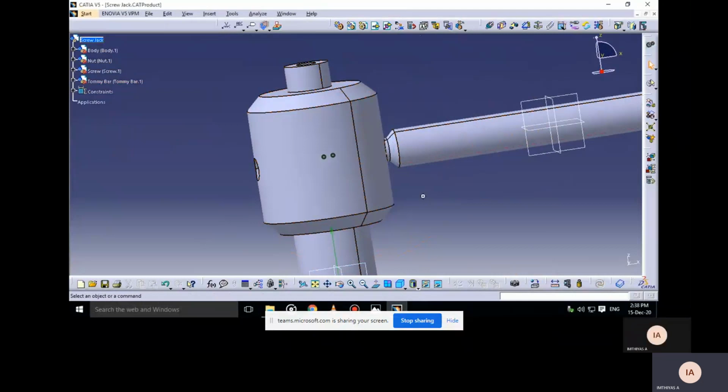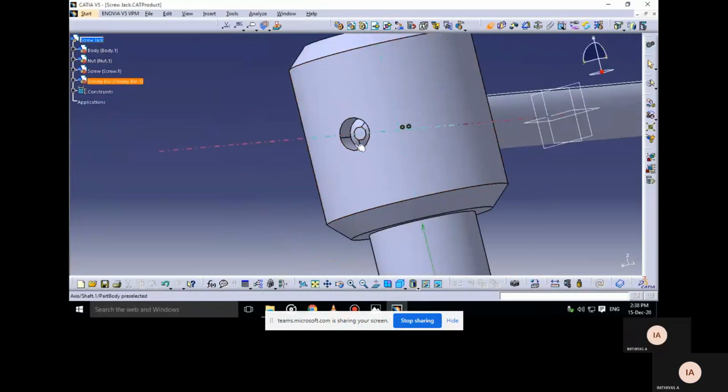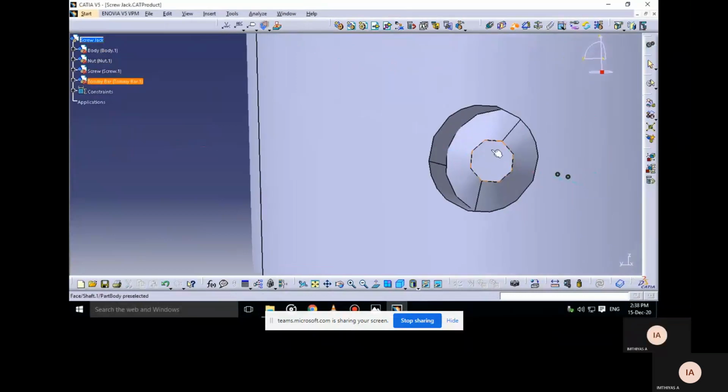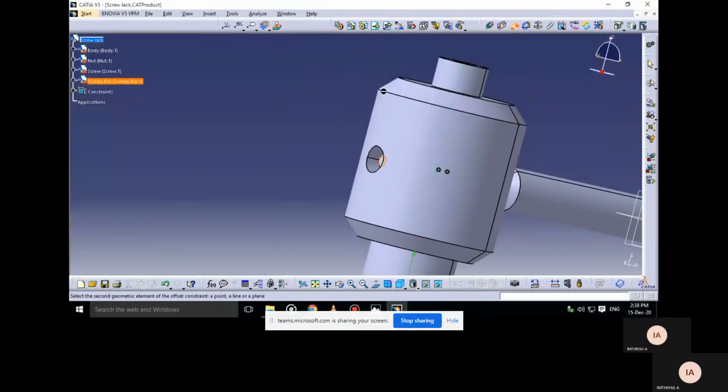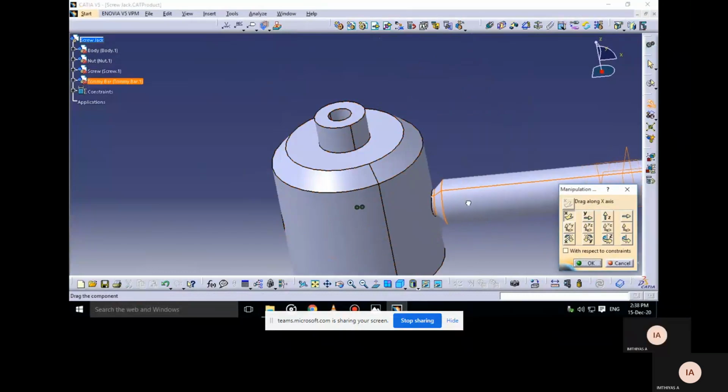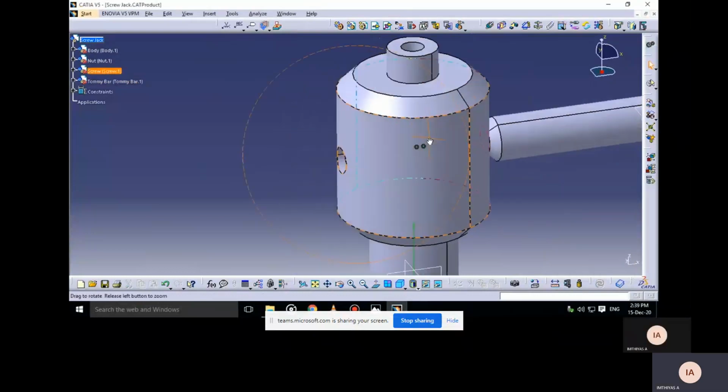Now the Tommy bar is being inserted inside the hole. The Tommy bar is now inserted.